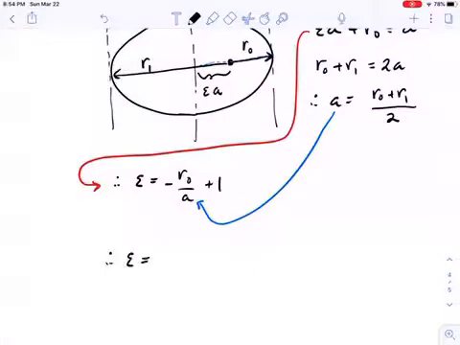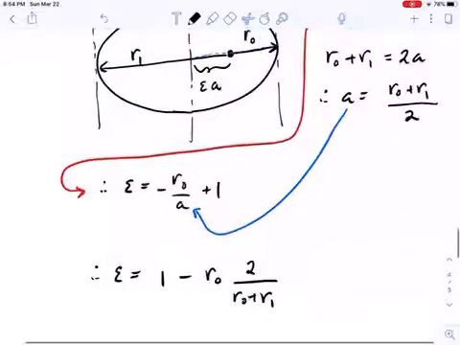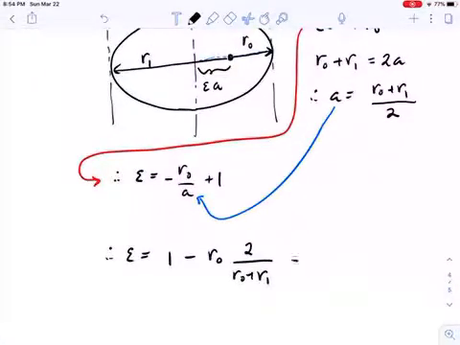So epsilon is equal to 1 minus R0, and then 1 over A is 2 over R0 plus R1, which is just equal to 1 minus 2 R0 plus R1.